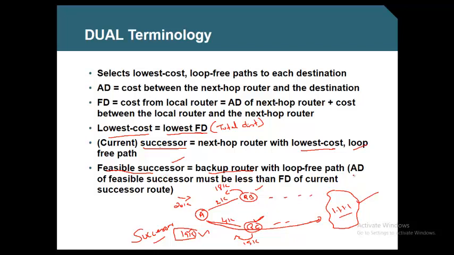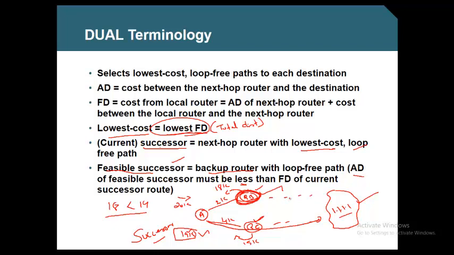This is the condition. If you want this to be the backup path, the AD. What is the value of AD here in our example? 18. Is 18 less than the FD? What is the FD, the lowest FD? 19. If this is true, secondary path, only then is this qualified to be the backup path.